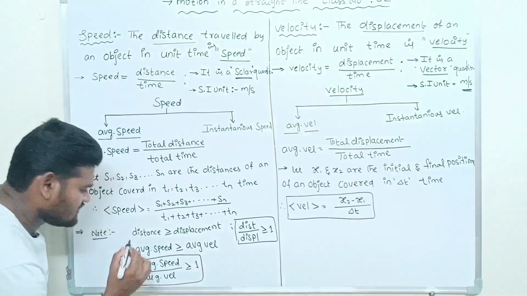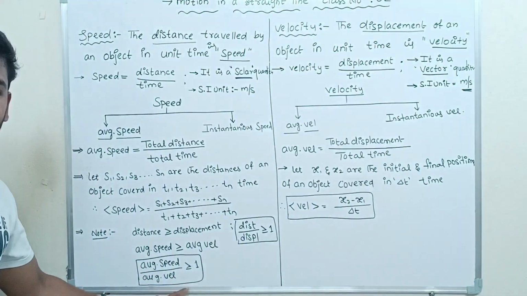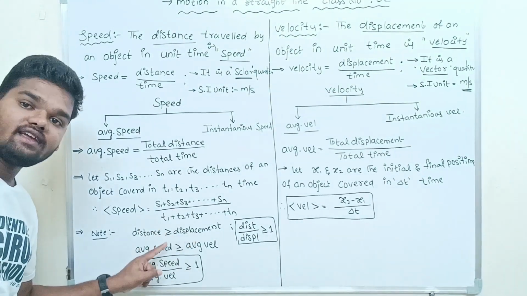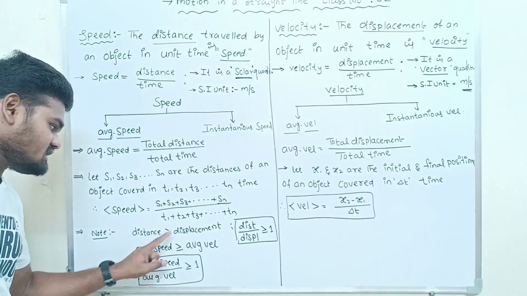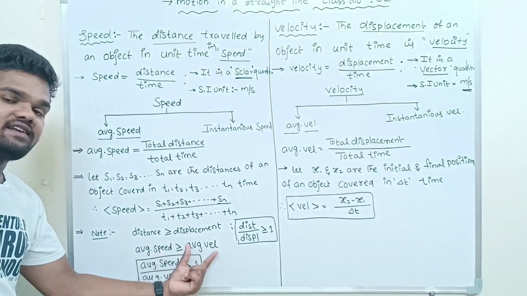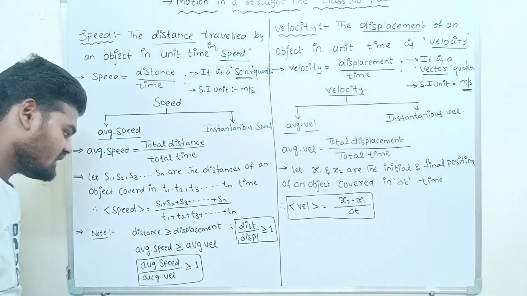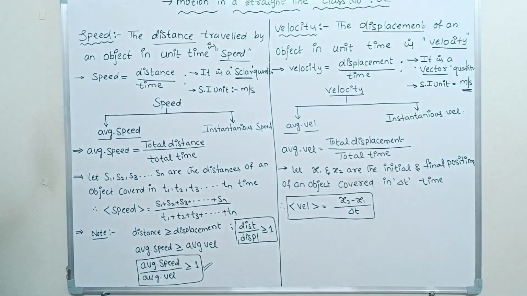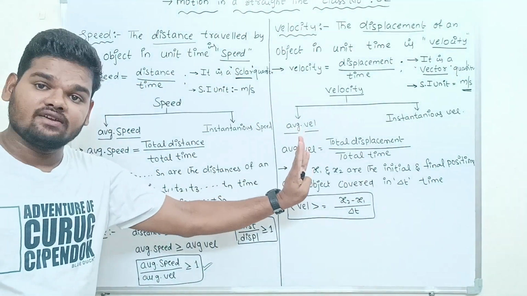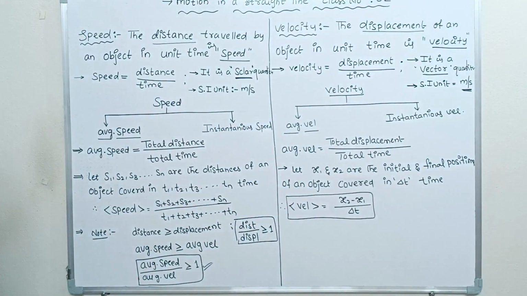Just from this condition I wrote this, because distance is greater than or equal to displacement, so average speed may be greater than or equal to average velocity. So this is completely about speed and velocity. Pause the video and write the notes.